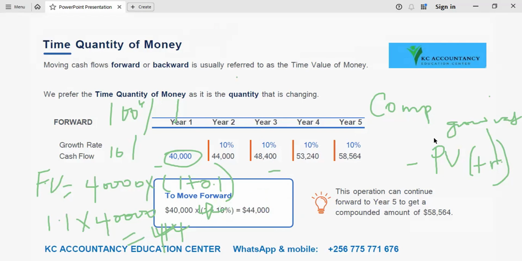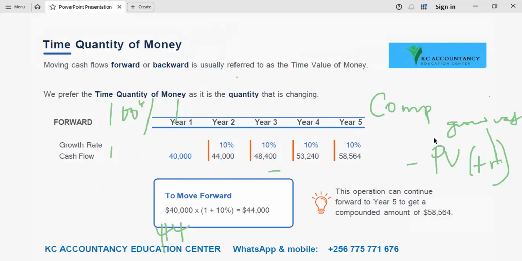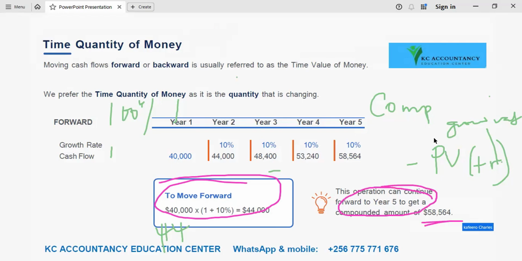And that's exactly what we are seeing in this small box here. This box right here is trying to compute that, so that the operation will continue up to year 5. And the value we shall get for year 5 will be 58,564 US dollars. That's how we've been able to compute the forward movement.